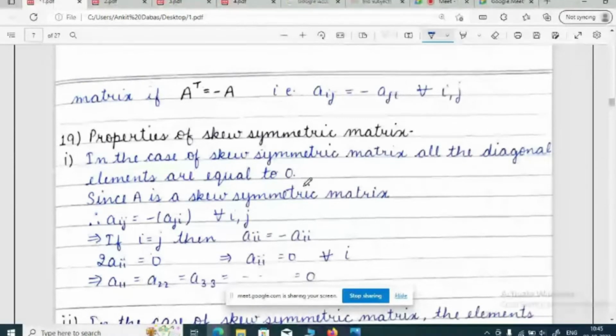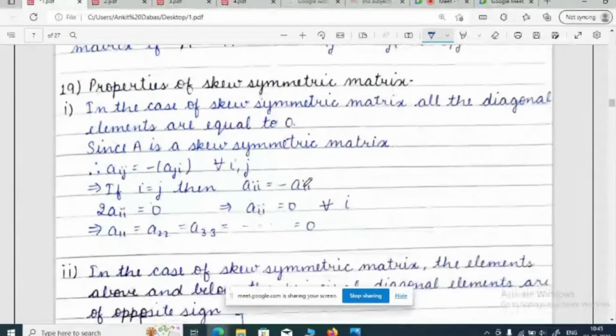In a symmetric matrix, we had that A transpose is equal to A. In skew symmetric, we must have A transpose is equal to minus A. This is a very good property of skew symmetric matrices, that all the entries on the diagonal of a skew symmetric matrix are equal to 0, because each entry should be equal to its negative, since the transpose doesn't change the position of diagonal entries. So Aij should be equal to negative of Aij, and this concludes that every entry on the diagonal is equal to 0.